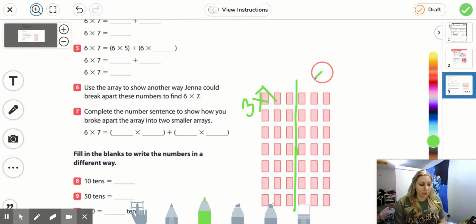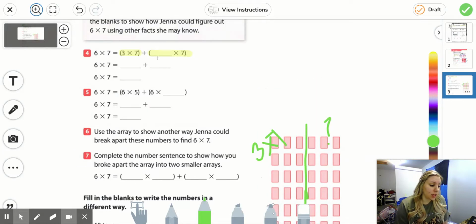We need to figure out what the other piece is. What equation would be represented here? I still have 7 in each row, and I have 1, 2, 3 rows. So this is the same as another 3 times 7.